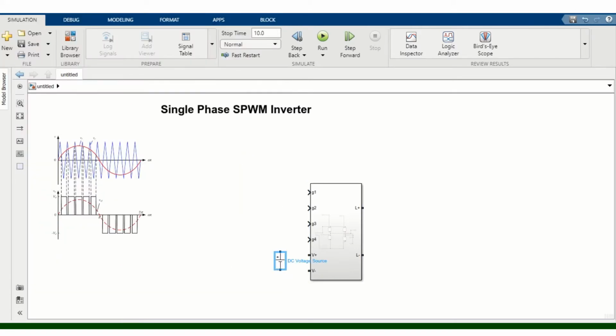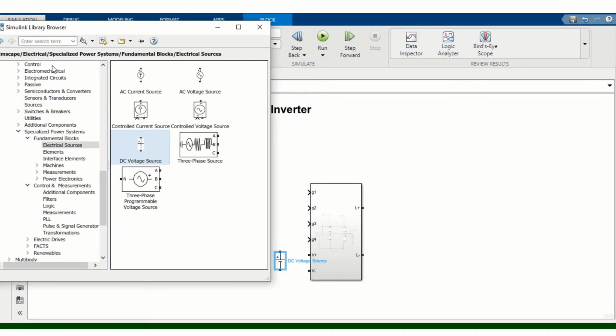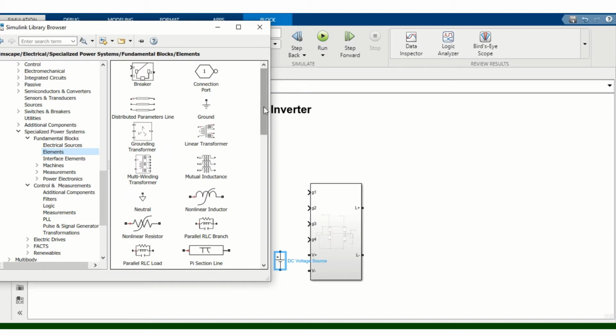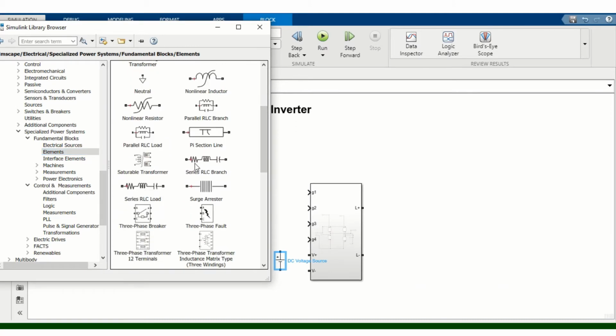We will consider again only the resistive load right now.